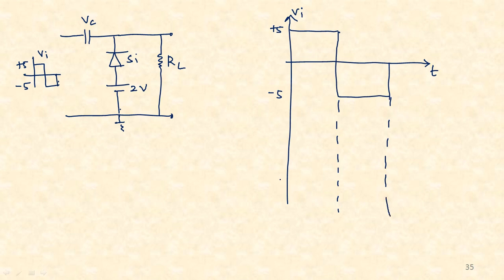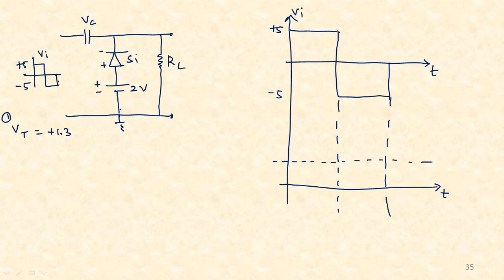Okay, so let's determine the transition voltage, which is the same. The transition voltage Vt is minus plus plus minus, so overall it is plus 1.3. This is the same process even when you applied KVL.